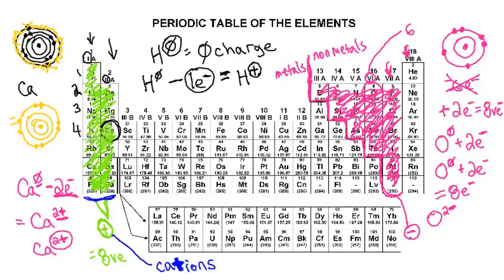Now, the ones that turn out negative as ions on the right-hand side, these are called anions. So cations over here on the left in the metals, and the non-metals will turn into anions in their ionic state.